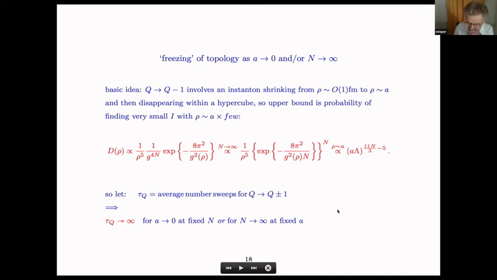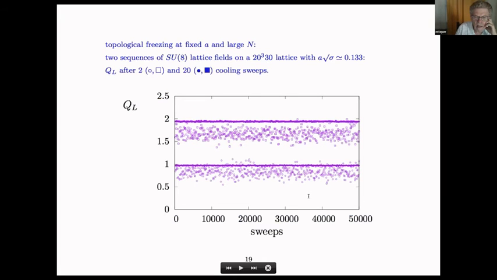So what I'll show you is the average number of sweeps between changes of the topological charge, taken from our calculation. And I don't really need this. This is just to show you that there is a freezing. So this is an SU8, 50,000 sweeps. If I start with a field which is topological charge 1, it remains topological charge 1.